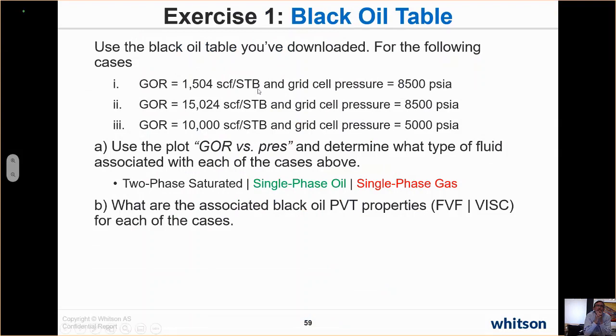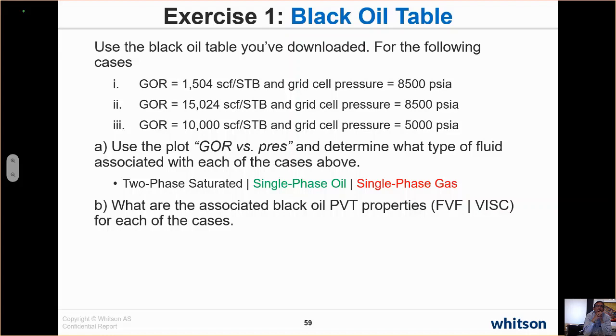The 3 different cases that we will consider: in this imaginary grid cell, we have a gas to oil ratio of 1500 scf per barrel, and the pressure in this particular cell in the first case is 8,500 psi. In the second case, the GOR is around 15,000 scf per barrel, and the grid cell pressure is again 8,500 psi.